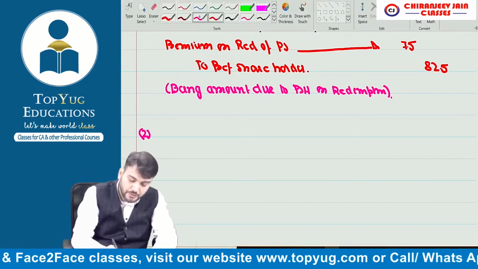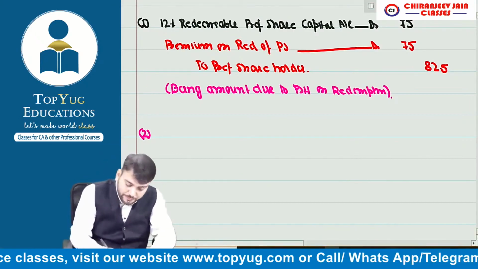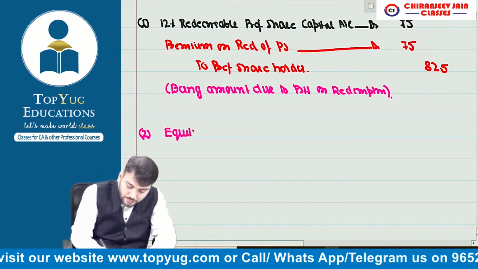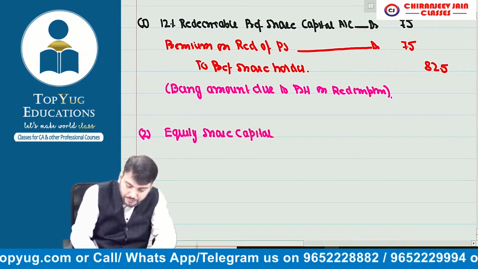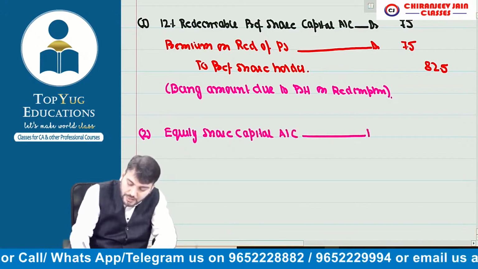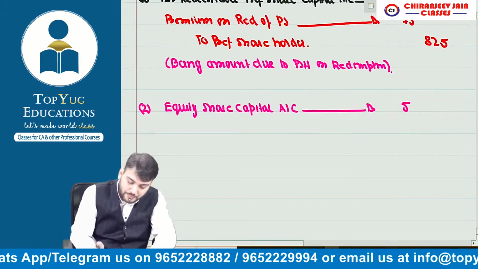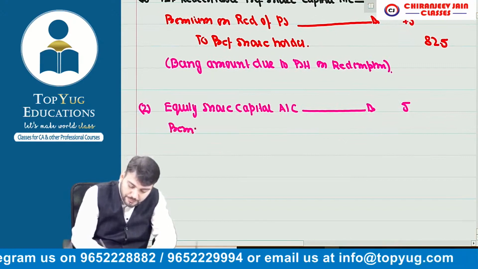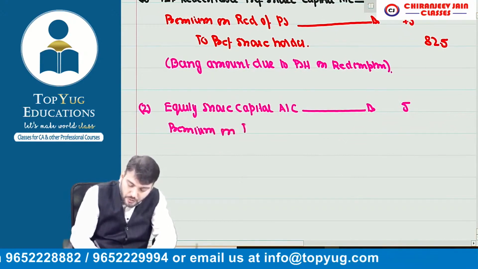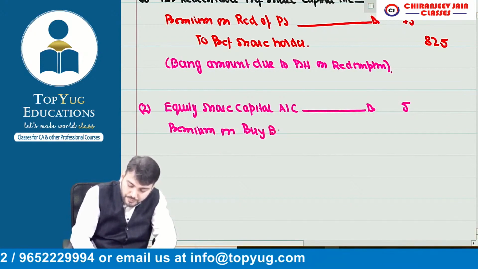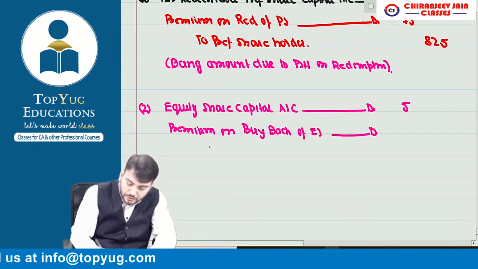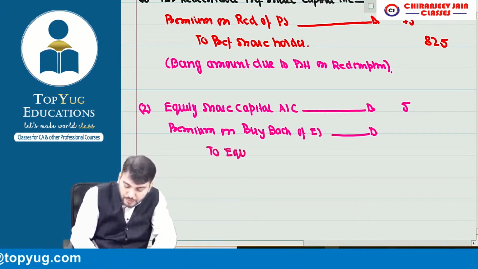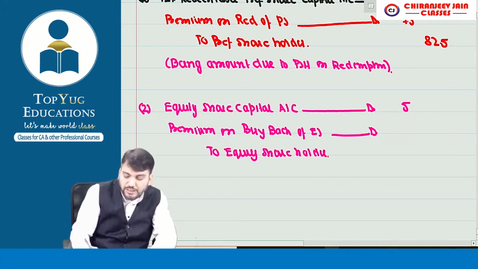Point number 2. Now we'll pass the journal entry for equity share capital. Write down: equity share capital account debit, nominal value is 5. Then premium on buyback of equity shares, to equity shareholders.